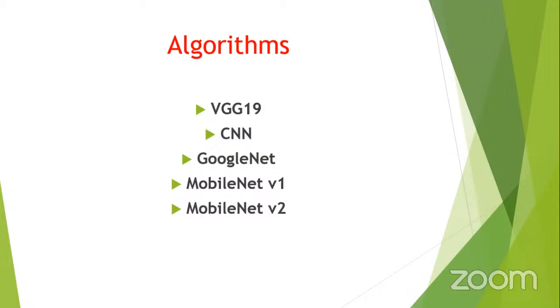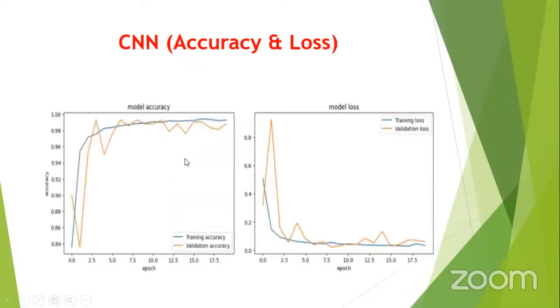Accuracy and loss chart. Here we see the model accuracy and model loss according to VGG19. Now CNN accuracy and loss. First of all, model accuracy, which is based on epochs and accuracy, then model loss, which is based on epochs, and we use training loss and validation loss according to this curve.